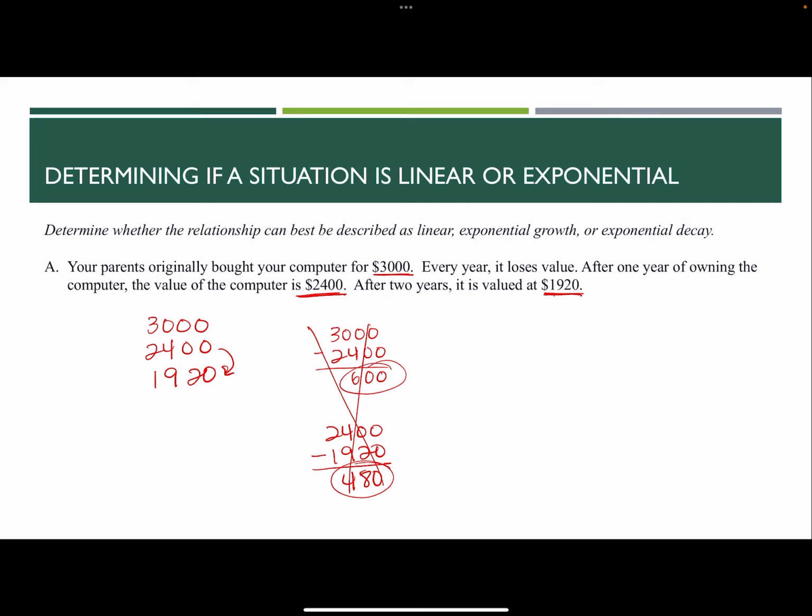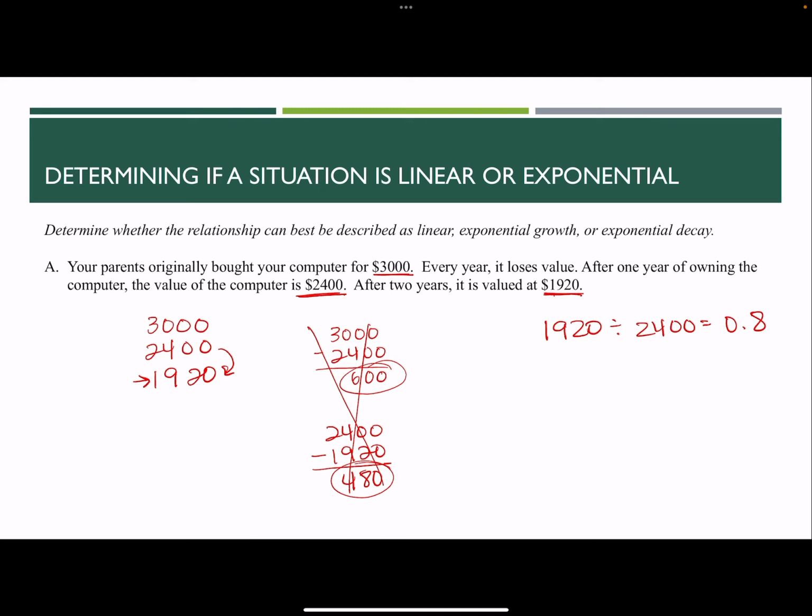Now this one's, I think, the harder one to check, but I'm going to teach you a trick that's always going to work. If you start with the last number, you're going to work backwards. So I'm going to start here at the 1920, and you're going to divide by the value before it. So 1920 divided by 2,400, use your calculator, I got 0.8.